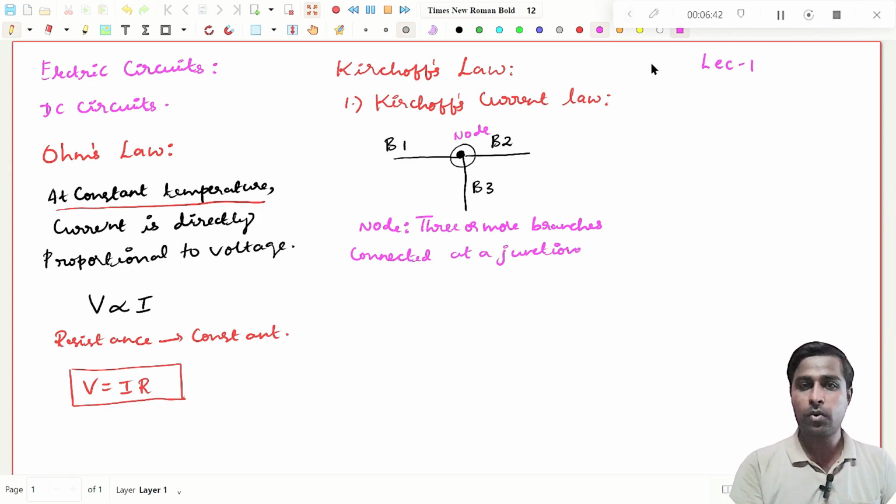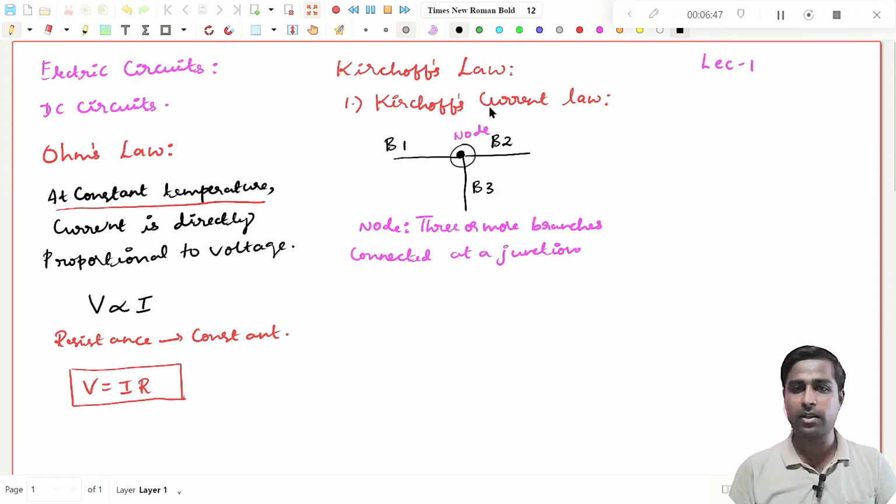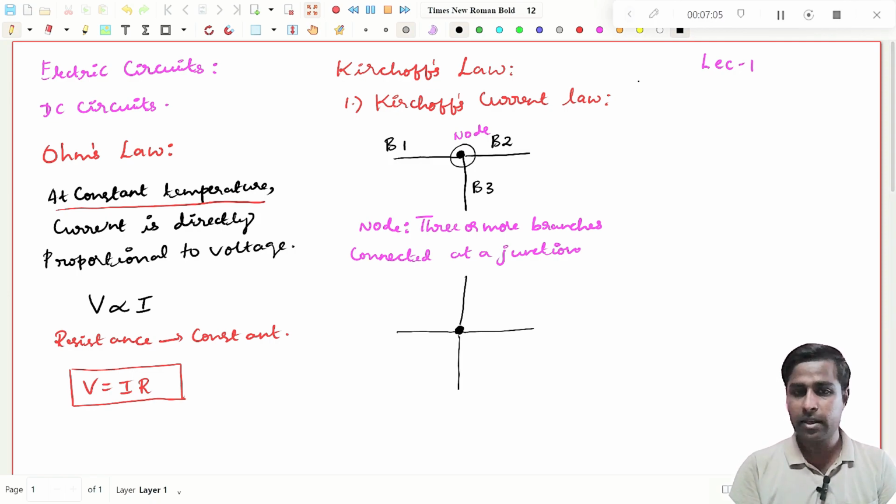If you know what a node is, then it is simple to understand Kirchoff's current law. It is very easy. I take a node now, and I am just drawing the branches. Let us assume that there are several branches connected like this, and in every branch there is a current.